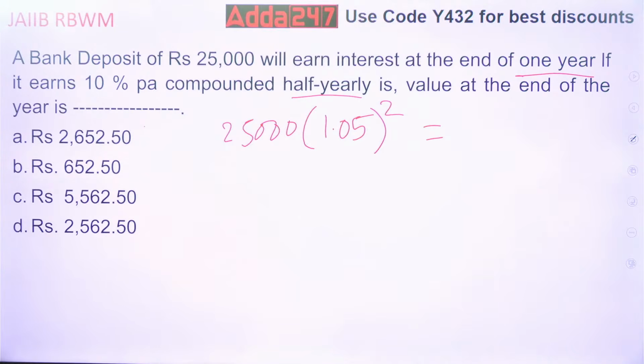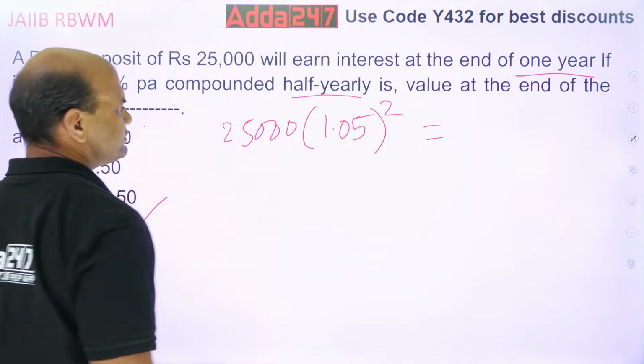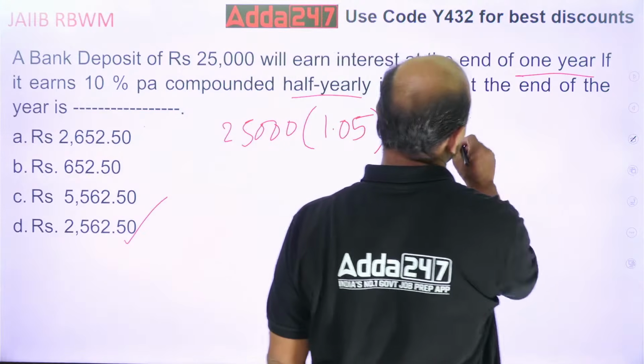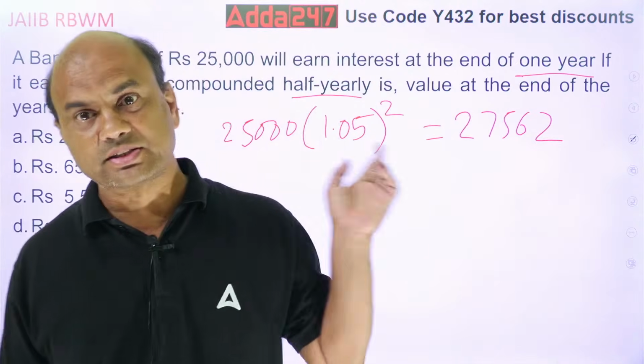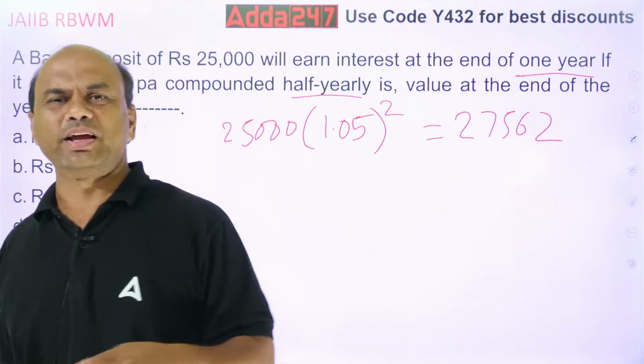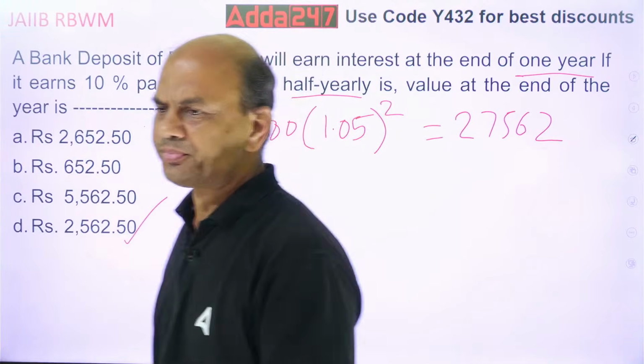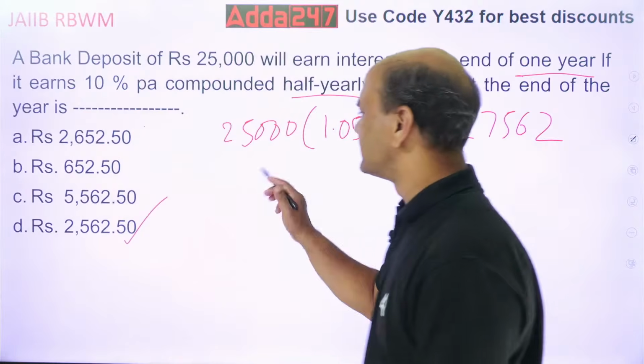Minus 25,000 is 2562, right? I am getting it as 27,562. This multiplication, everyone got this? Because we have done it many times, that's why I did it fast. Right? D is the answer.